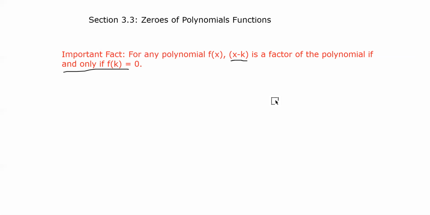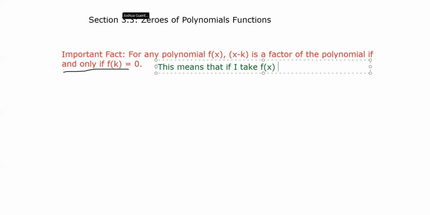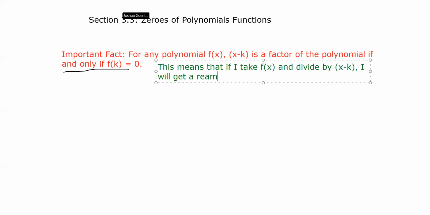So let's return to this thing. Important fact: for any polynomial f of x, x minus k is a factor of it if and only if f of k equals 0. I'll go one step further and use some synthetic division terms we learned about last time. This means that if I take f of x, the function itself, and divide by x minus k, I will get a remainder of 0.